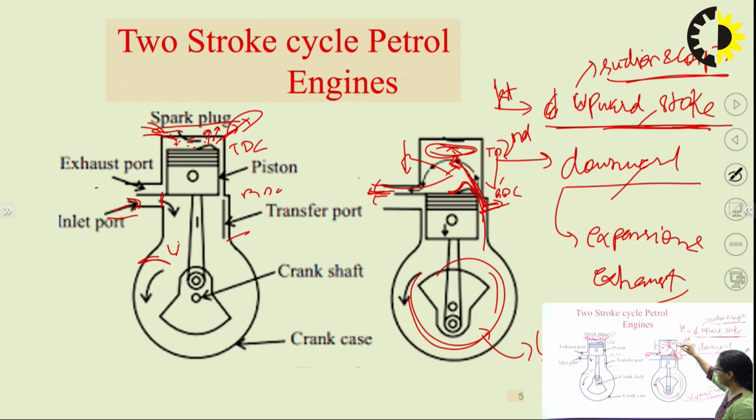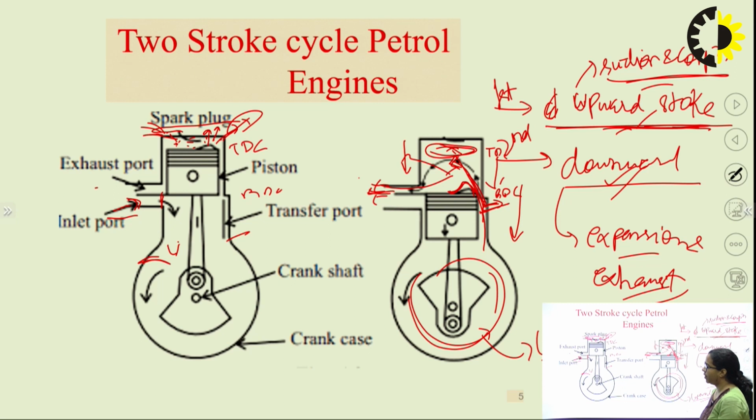So in this way our downward stroke is completed, in which expansion and exhaust are done. So all the four processes are done in this way in two strokes of the piston, only in two strokes of the piston. So these are the basic differences in construction and working of two-stroke and four-stroke engines.